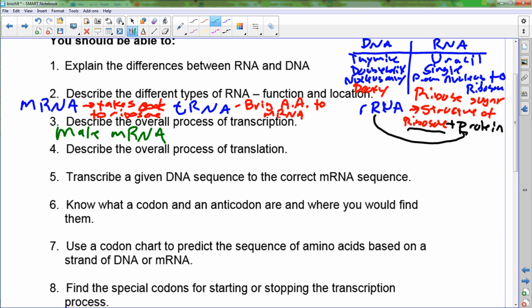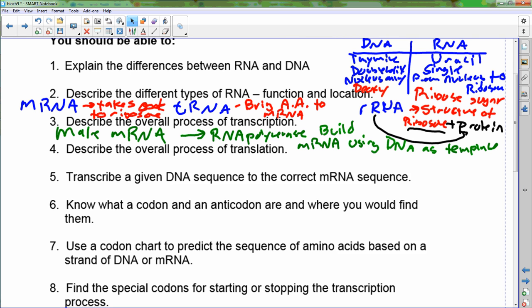Okay, so here the actual process, we have that RNA polymerase, which is going to build the messenger RNA using DNA as a template.